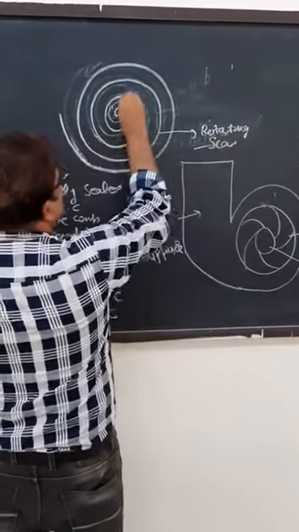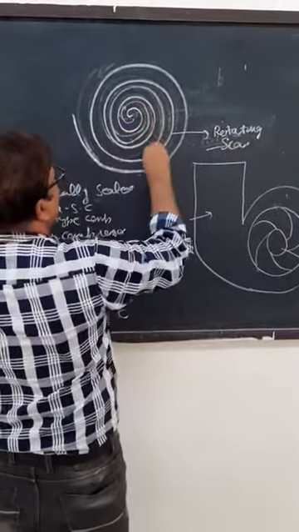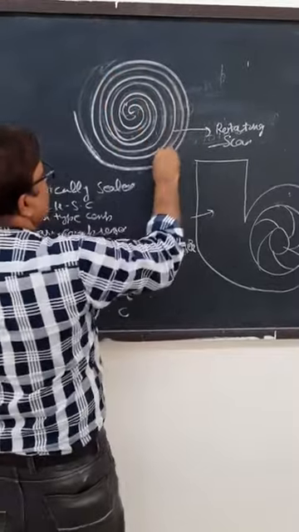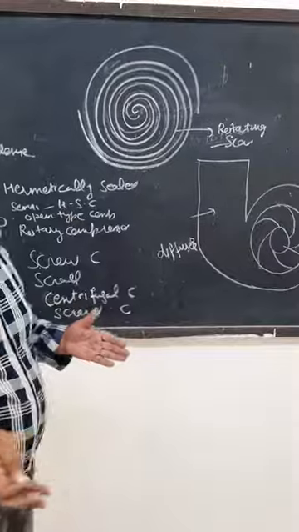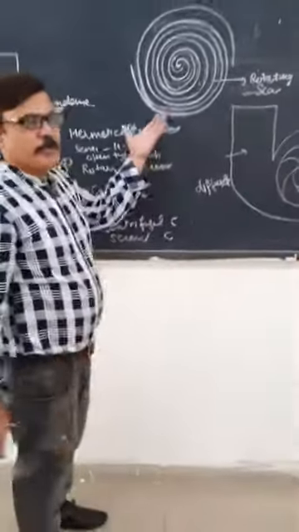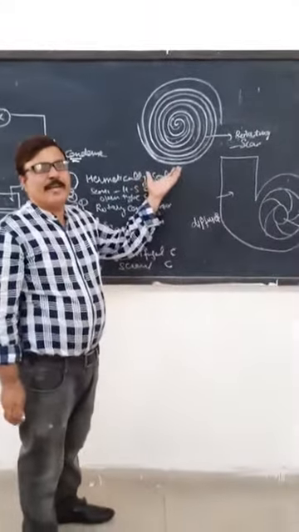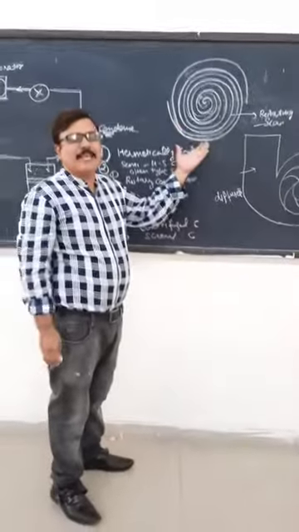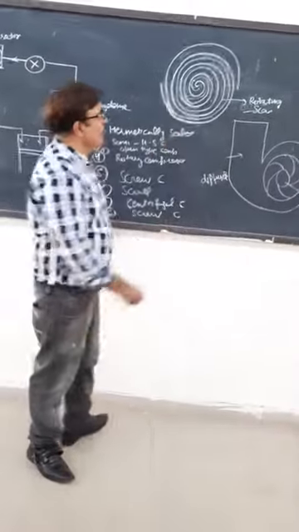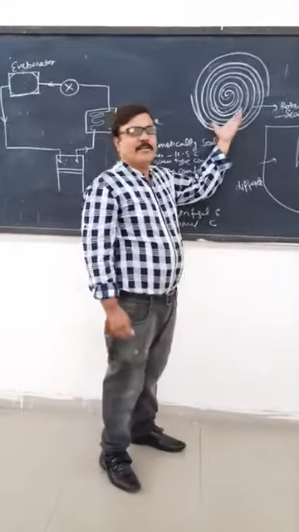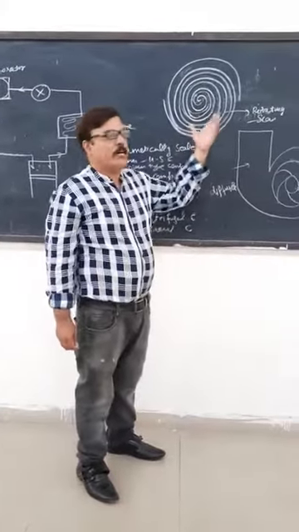And another one is called the fixed scroll. So in this case, look at here, there is no suction or exhaust valve. So this design is very, very compact. There is less noise and vibration in this case. And this type of compressor is mostly used for high efficiency.